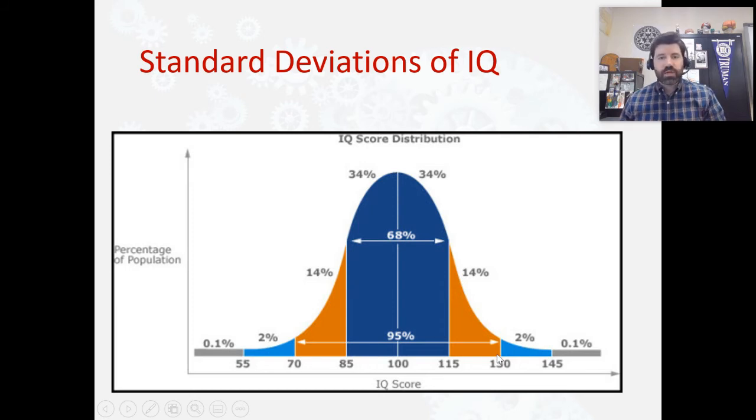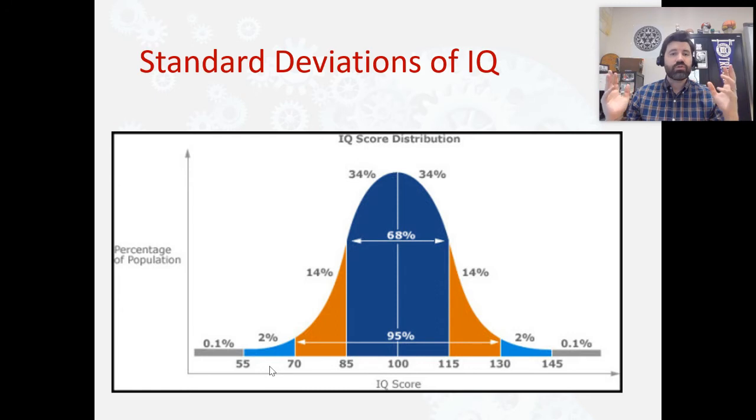Standard deviation for IQ is 15 points, so we can add another 15, bring that up to 145. Subtract another 15 from the bottom, bringing that down to 55. So average IQ is 100, standard deviation for IQ is 15 points. We know that 99% of the population has an IQ somewhere between 55 and 145.